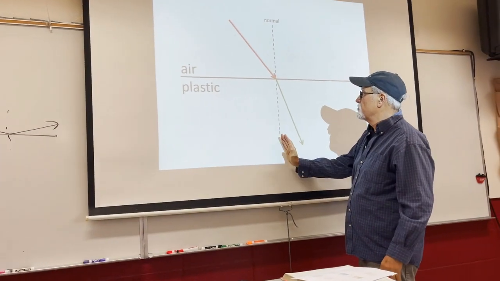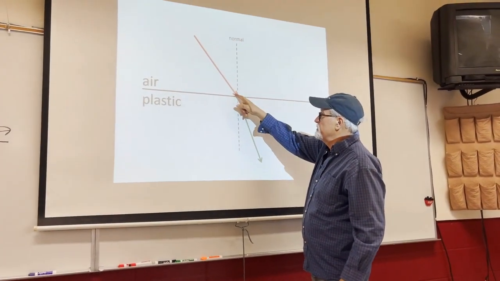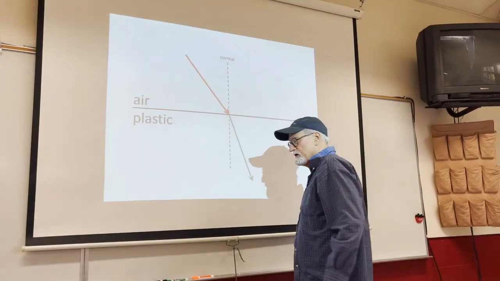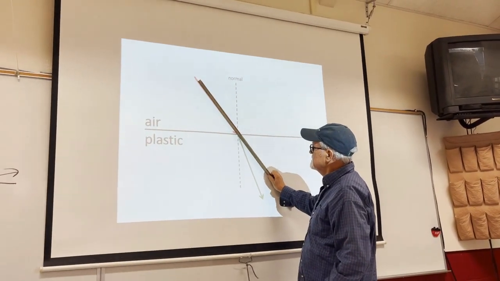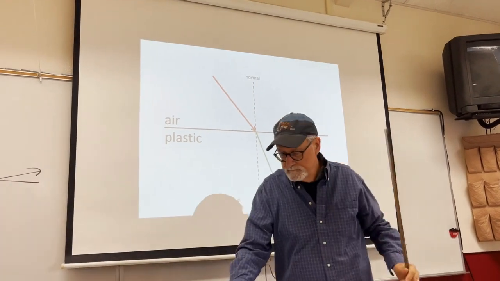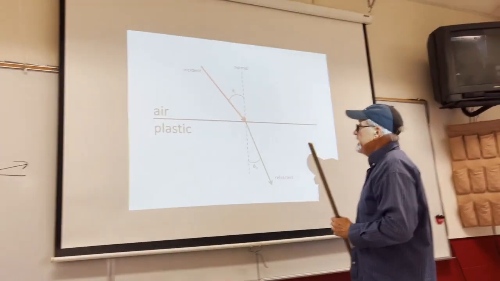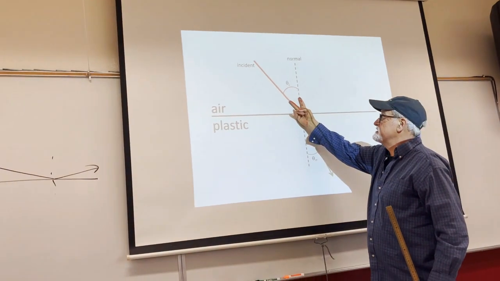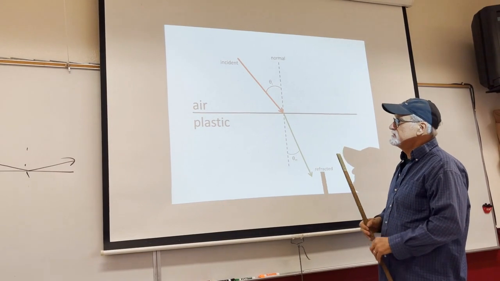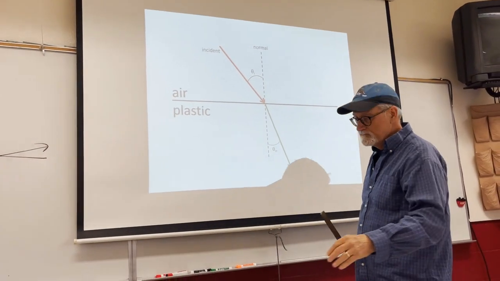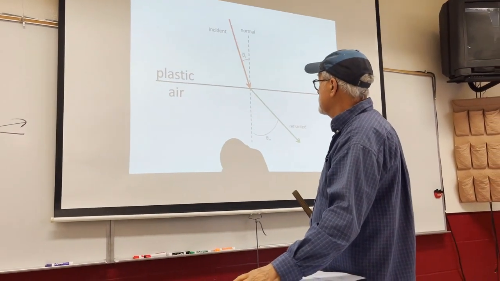This is bent toward the normal. If it didn't bend, it would go straight through like this. So this is bent toward the normal. And there's an angle of incidence and an angle of refraction. And so these can be measured using protractors. And the angles are important.